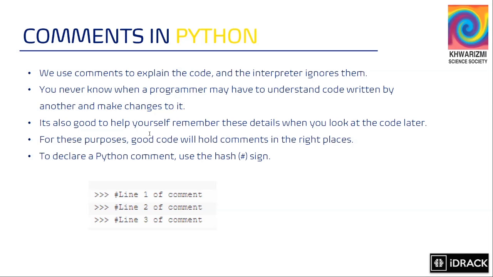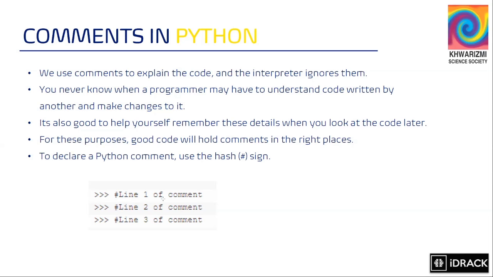So in the case of Python, it's a hash sign. A hash sign, as you see in the image below as well, is used before every line of comment. And that way, when Python reads the hash sign, it knows that anything else in that particular line, it's going to ignore and move on to the next line.